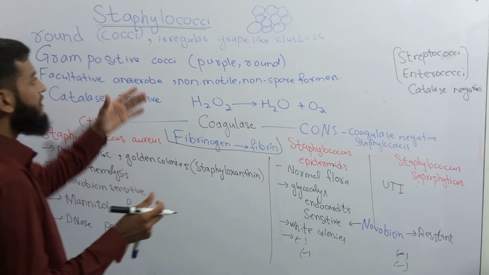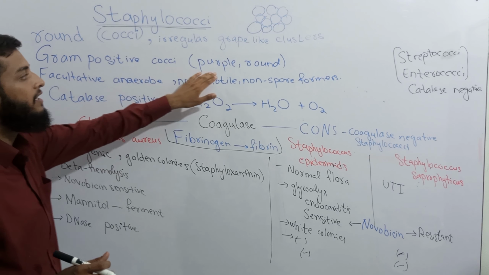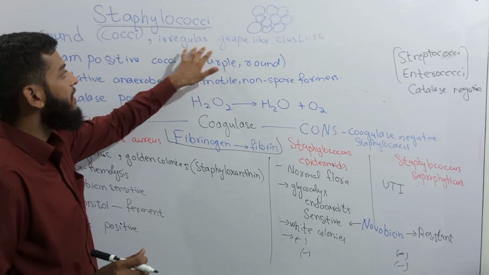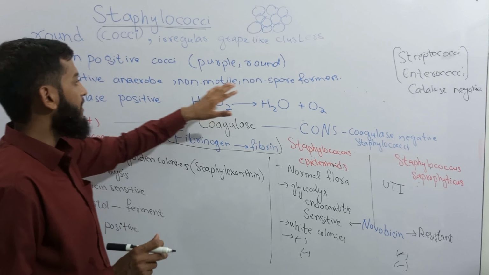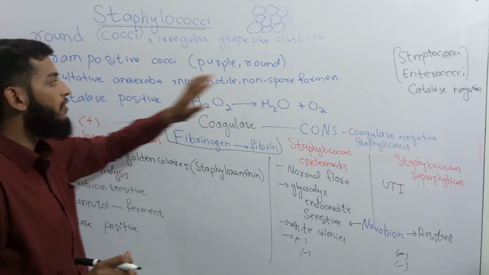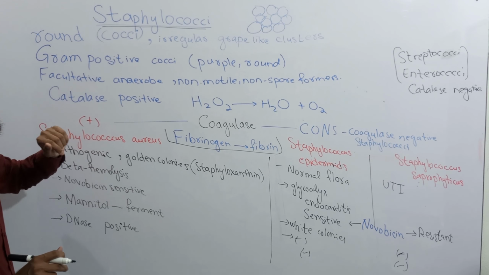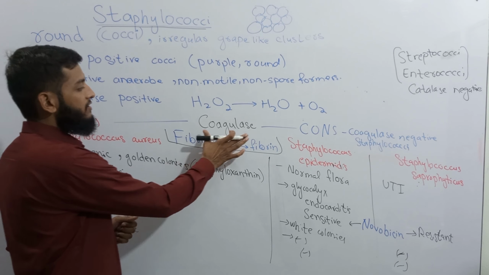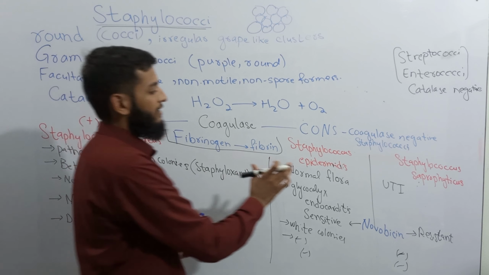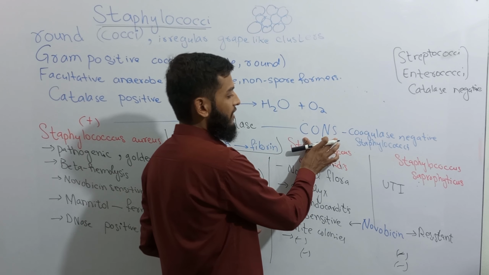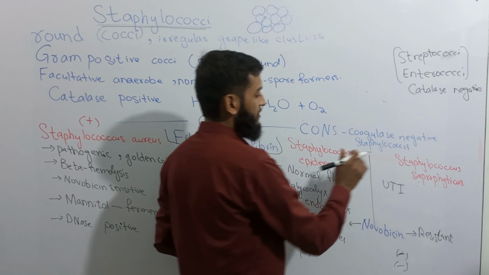If we briefly describe staphylococci, they are gram-positive cocci. They appear as irregular grape-like clusters, purple in color and round in shape after gram staining. They are non-motile, non-spore forming, facultative anaerobes, and catalase positive, and on the basis of coagulase, we categorize staphylococci into two groups: Staphylococcus aureus and coagulase negative staphylococci, which include Staphylococcus epidermidis and Staphylococcus saprophyticus.